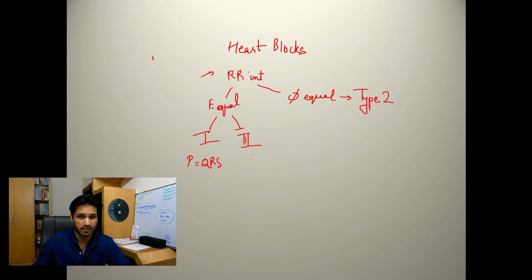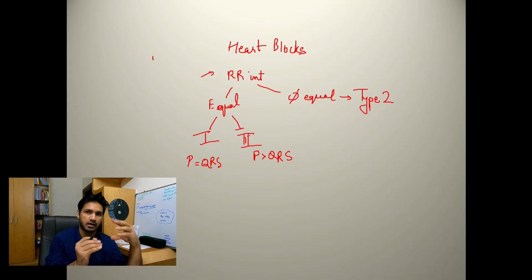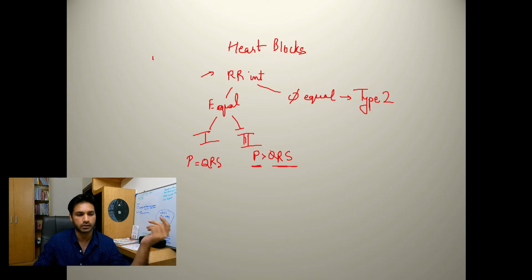In type 3, the P wave will be more than QRS, because type 3 is the complete heart block. The atria and ventricle are contracting independently of each other, and the normal atrial rate is more than the ventricular rate, so it makes sense that the P waves are more than the QRS. In type 1 it's just a lengthening, so P's are equal to the QRS.